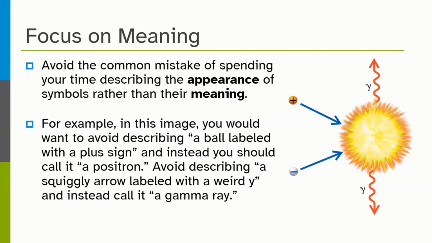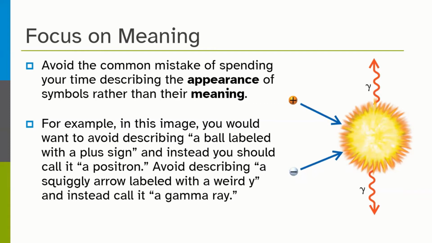Another thing that I would like to advocate is that when you are approaching alt text, especially if you've never written alt text for the first time, you are always focusing on the meaning and not so much on the appearance.